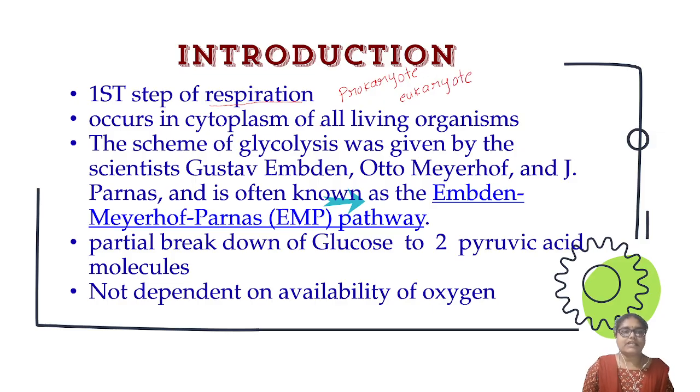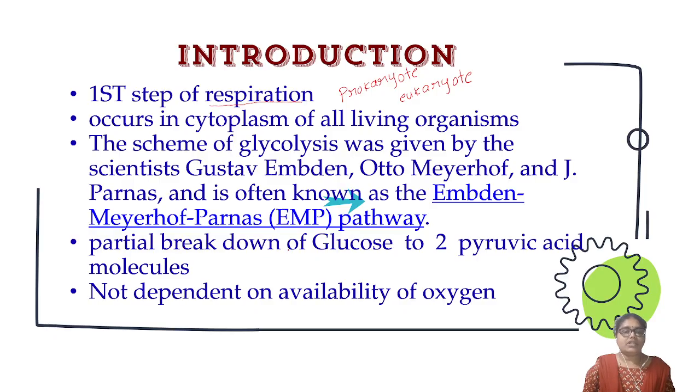It occurs in the cytoplasm of all living organisms. The scheme of glycolysis was given by Gustav Embden, Otto Meyerhof and J. Parnas. By the names of the scientists, it is also called the Embden-Meyerhof-Parnas pathway, the EMP pathway.